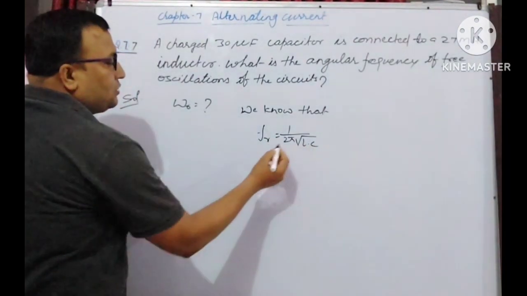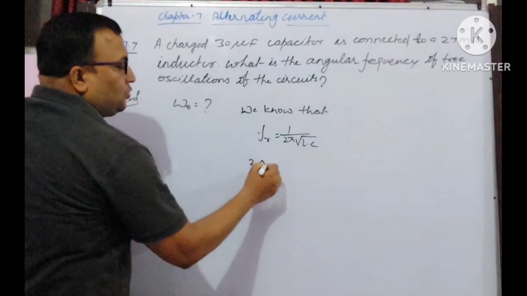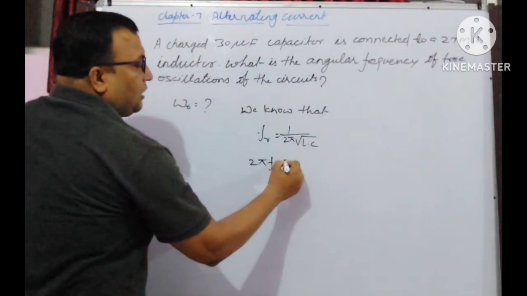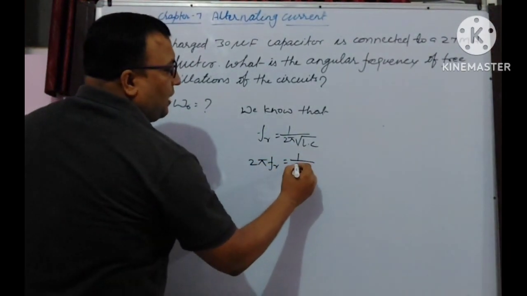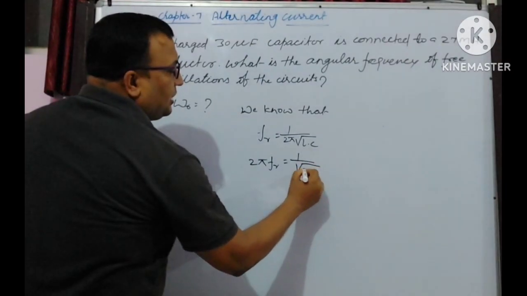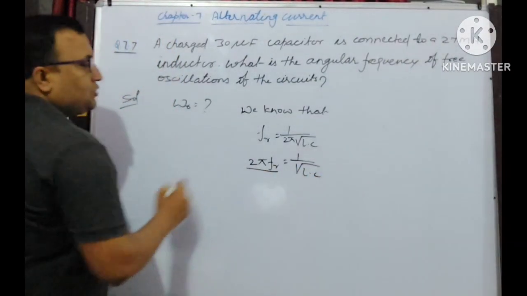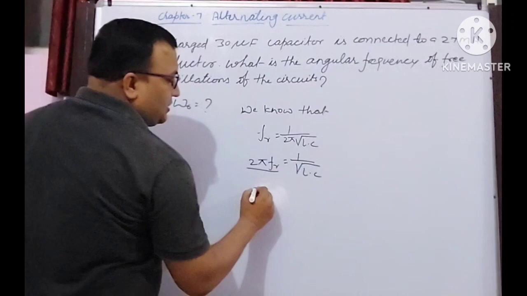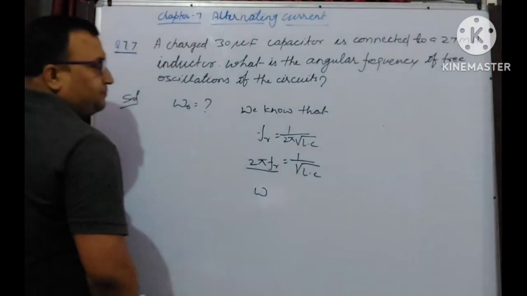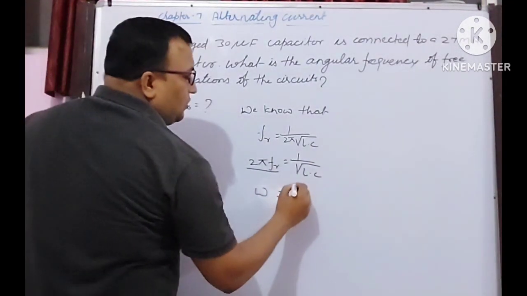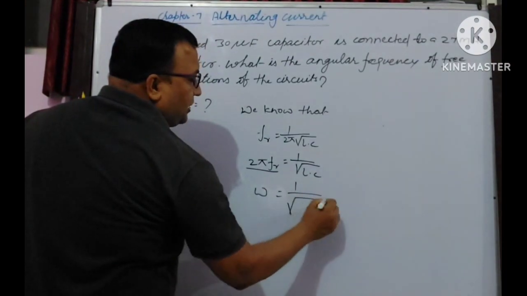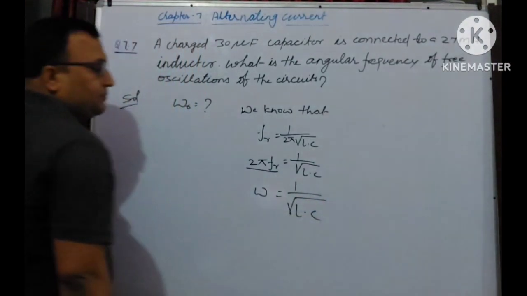If I make a small change, 2 pi fr equals 1 by root under L into C. This comes under the angular frequency. So omega equals 1 by root under L into C.